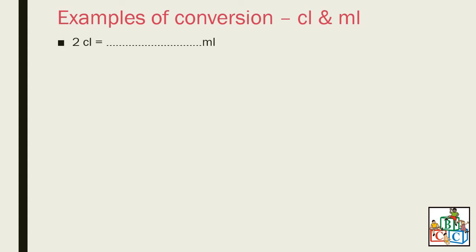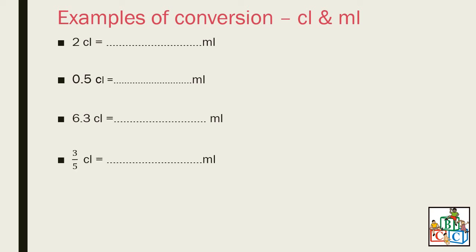You have 2 centiliters equal to how many milliliters? 0.5 centiliters, 6.3 centiliters, 3/5 centiliters, 2 and 3/10 centiliters. 2 centiliters equal to how many milliliters? 2 times 10 is equal to 20. 0.5 centiliters, centiliter to milliliter times 10, so 0.5 times 10 is equal to 5.